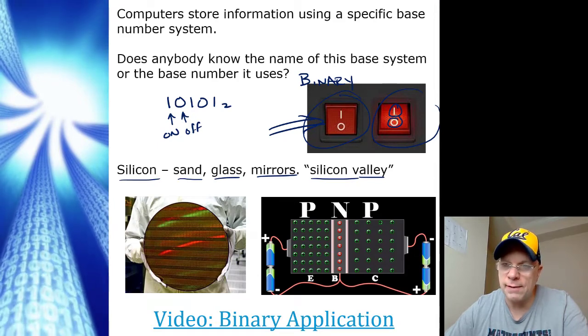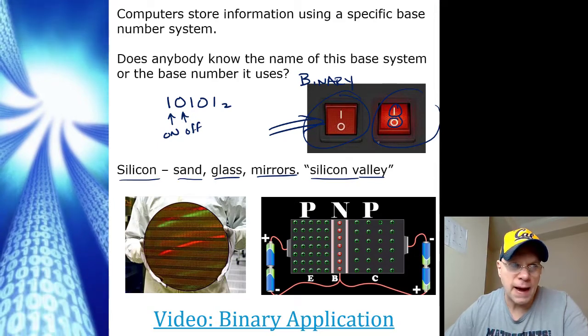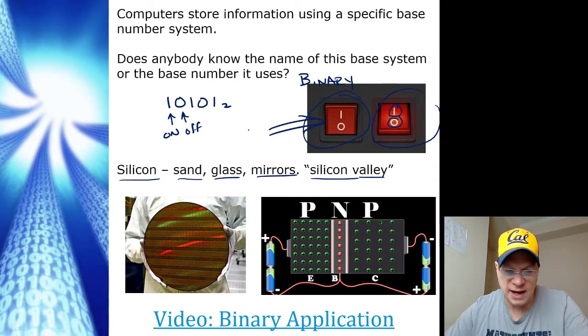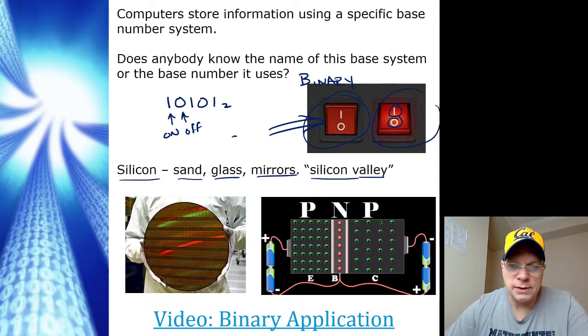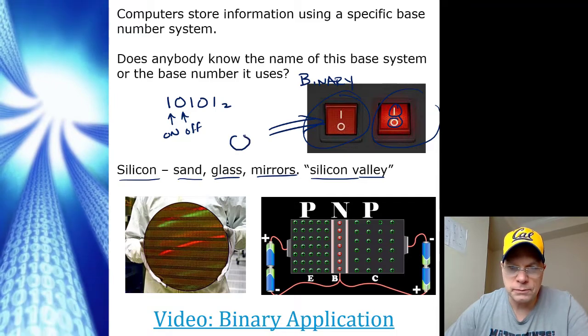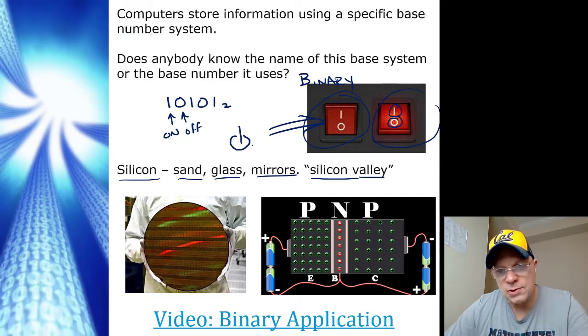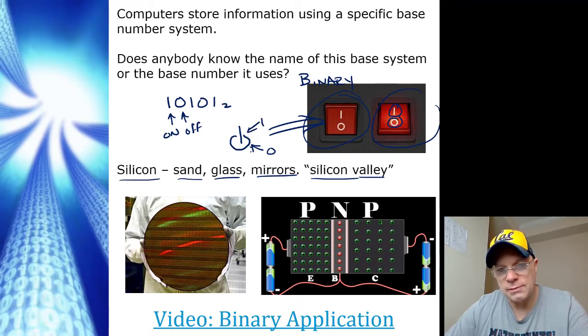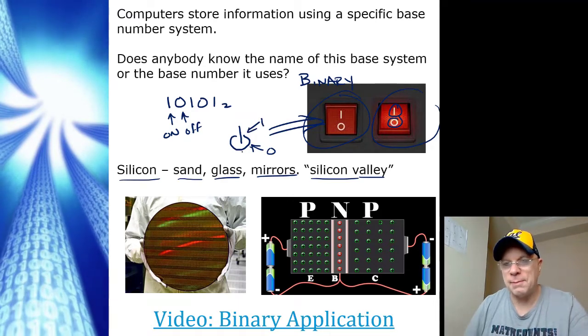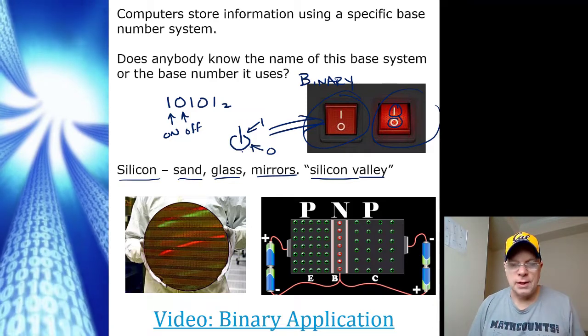It's just showing you binary right on the switch itself. If you have a vacuum cleaner or something, it may have a switch like that. If you look on your Apple computer at the power button, you'll see this symbol. It's a 0 and a 1. It's off and on, telling you to turn the thing off and on by toggling that switch.